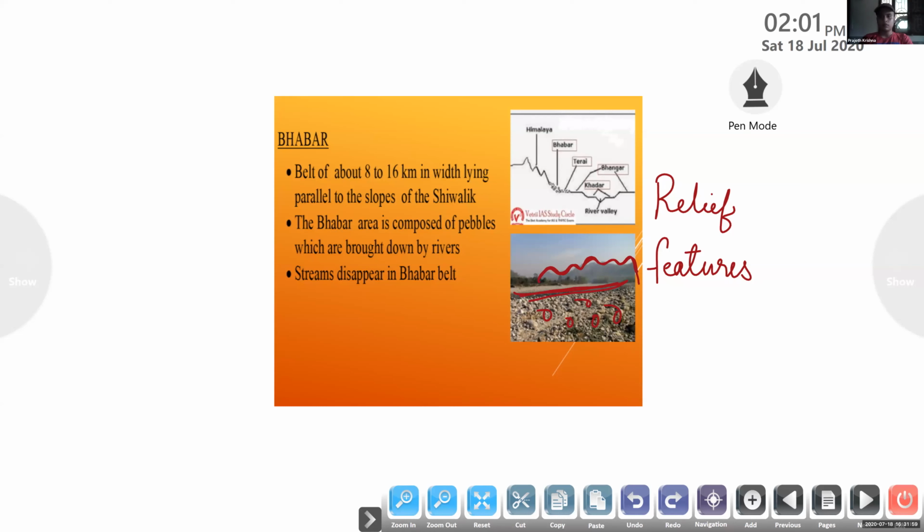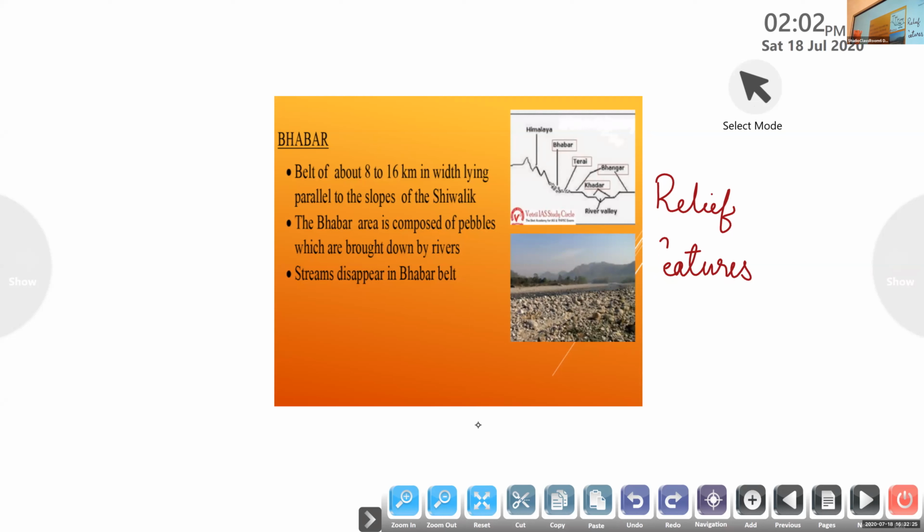Shivalik is the southernmost part of the Himalayan mountains. A river is flowing through this way, but it is not that much visible. Then you can see some pebbles over here. Is it clear from this picture? Then what is the meaning of the first sentence?